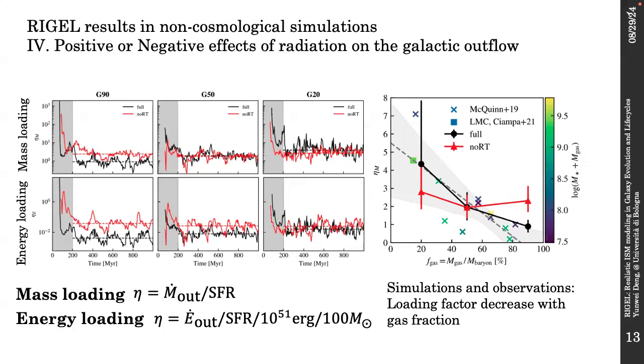And G50 is the intermediate stage. So in the high gas fraction regime, radiative feedback plays a negative role on launching gas outflow, while in the low gas fraction regime, it plays a positive role. We can also compare this with observations, and this trend matches the observations of dwarf galaxies.